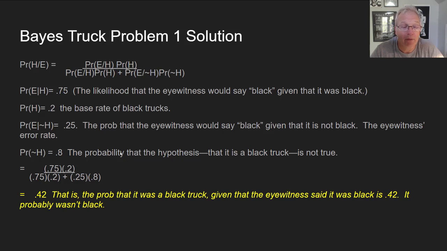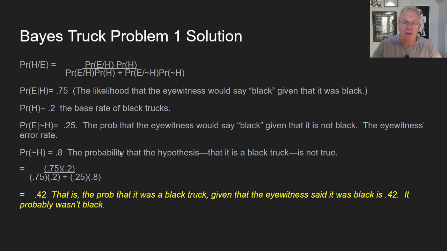So what is the question that we've just answered? The question we've just answered is, what's the probability it is a black truck, given that the eyewitness said it was a black truck? Okay, so previously we might have thought it was higher. The base rate here of black trucks is just 20%. So there's not many black trucks, but she said it was black and she's somewhat reliable.